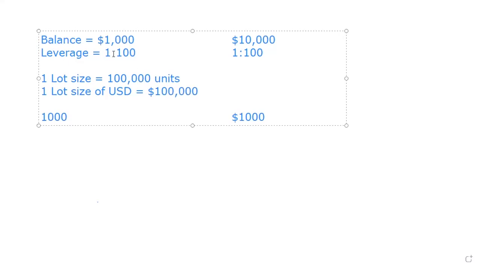And also with this leverage of 1:100, it means if you want to buy 100,000 units, you will need to submit 1,000 of your balance as margin for you to be able to enter the trade. When your broker locks away that 1,000 as margin, what will remain? Zero. So you will not have free margin at all, and that means you don't have any room for drawdown.